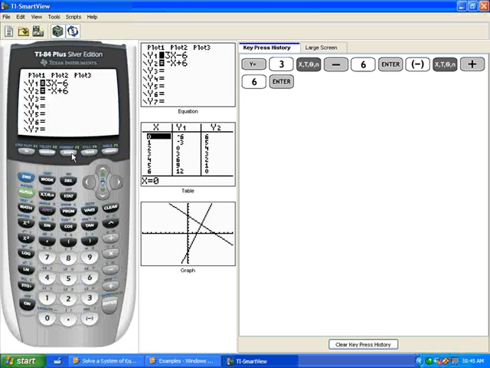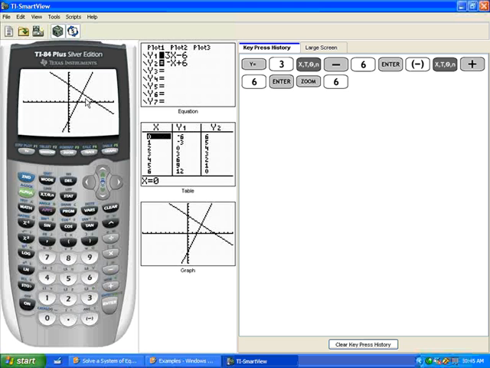Now I'm going to do a zoom standard, and you see the two lines being drawn, and we clearly have a point of intersection here. The lines truly intersect in the first quadrant, and we can hit the trace button, and hitting trace will give us a little pointer that we can use to move along the graph to look for this point.